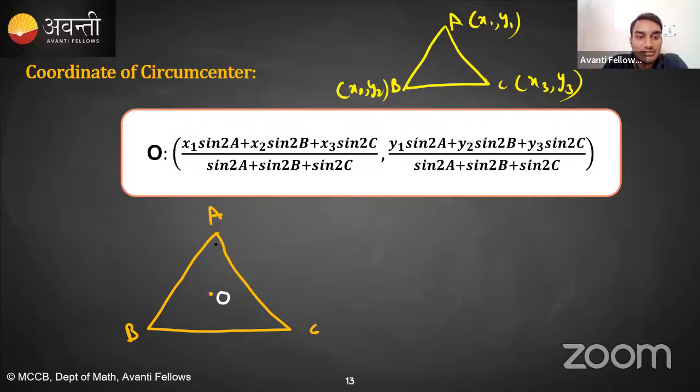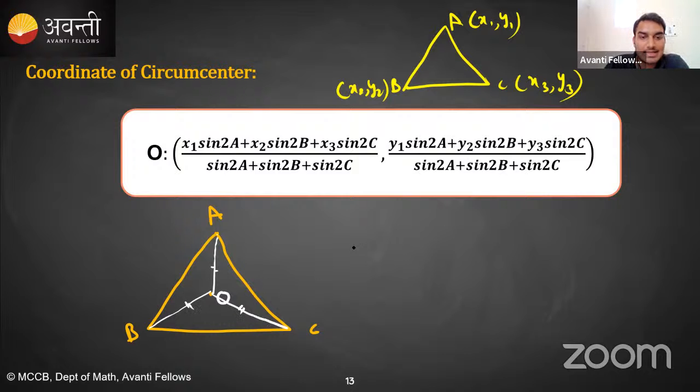It means the distance of O from vertex A, the distance of O from vertex B, and the distance of O from vertex C are equal.